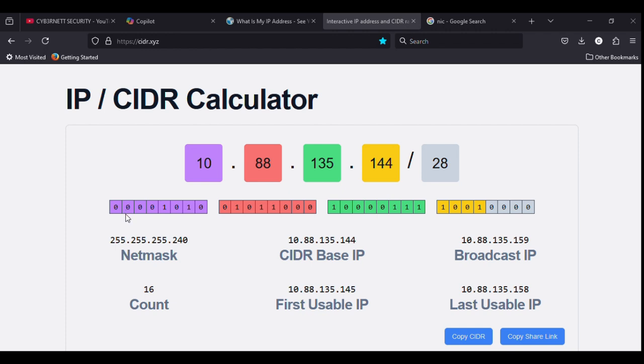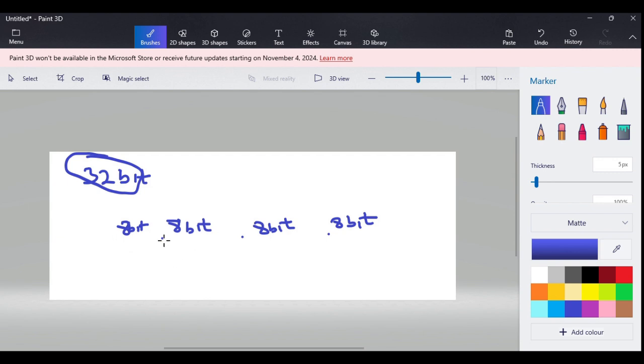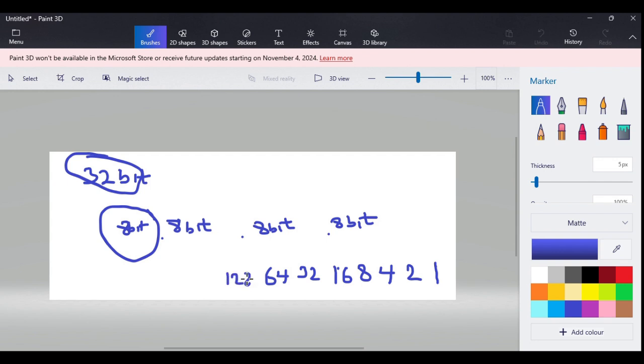Understand? Let me give you a small drawing. I'm talking about just this one portion here now. You start from 1 and just double it: 1, 2, 4, 4 plus 4 is 8, 8 plus 8 is 16, 16 plus 16 is 32, 32 plus 32 is 64, 64 plus 64 is 128.